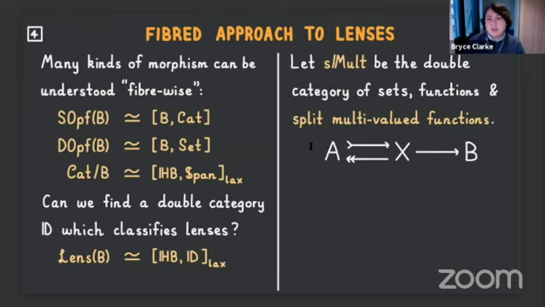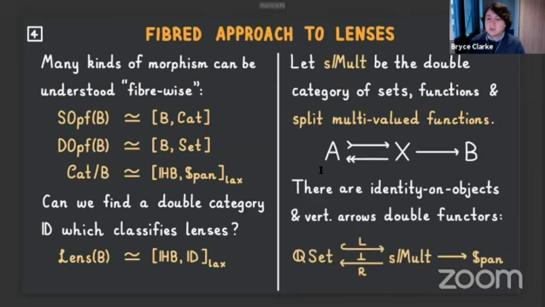Okay, very good. This double category actually has some nice relationships with some other double categories, namely there are identity-on-objects and identity-on-vertical-arrows double functors. We have this forgetful functor from S-mult into the double category of spans, which just forgets this chosen section. And we also have this nice adjunction of double categories between S-mult and the double category of squares of Set.